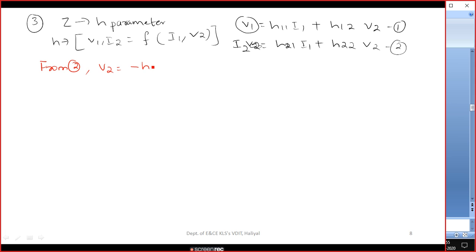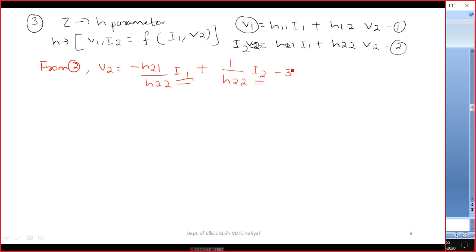I will write it directly, minus H21 divided by H22 times I1. Then what else do we have? Plus, this will come to the denominator, 1 divided by H22 I2. So make sure that you are getting it in terms of I1 and I2.